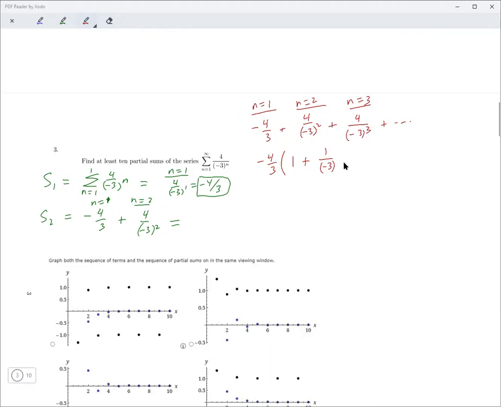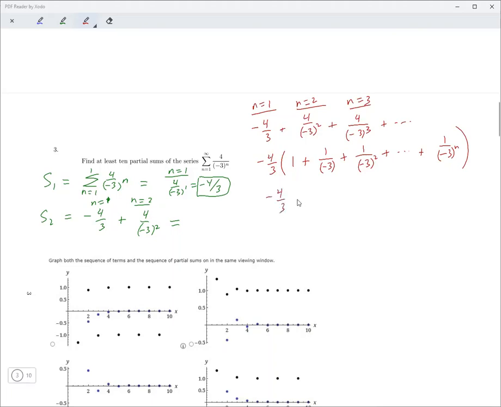Factor a negative 4/3 out of that one, and I'm going to get 1 over negative 3 squared, and so on. This is the first one, the second one, the third. The nth one is going to be 1 over negative 3 to the nth power.